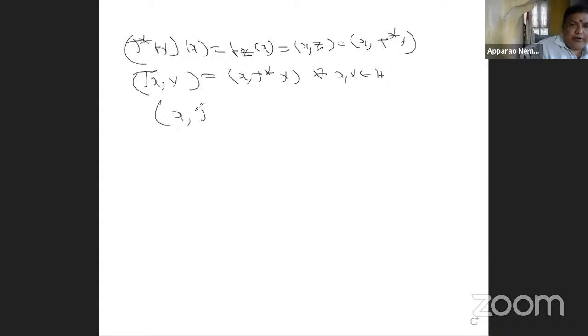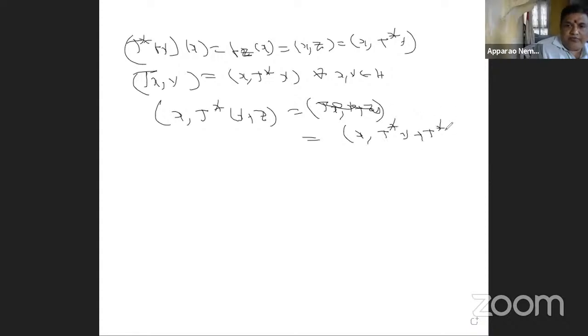Another property: x comma T star of y plus z, which is T of x comma y plus z, can be written as x comma T star of y plus T star of z, for all x belonging to H. Similarly, T star of y plus z equals T star of y plus T star of z.